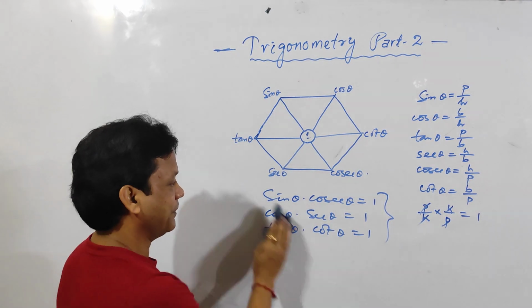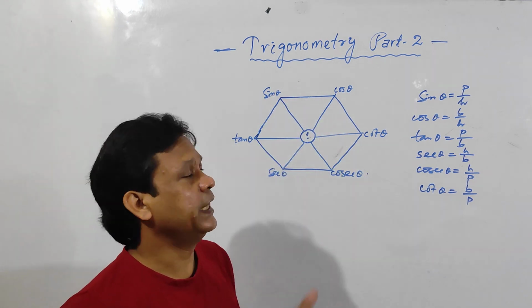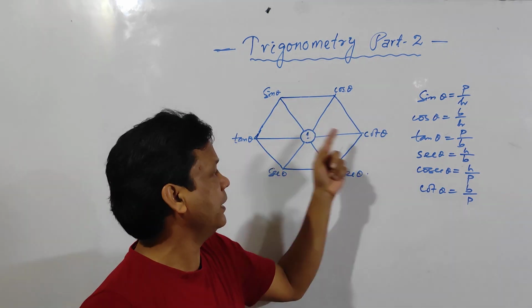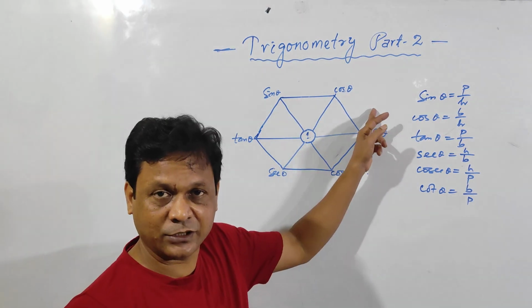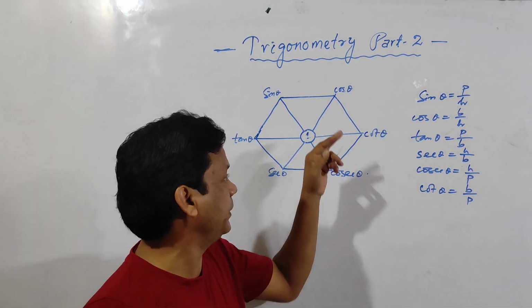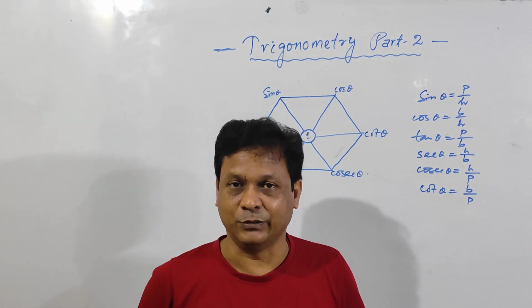Clear? Now, see here. Always remember this hexagonal structure. Sin cos, tan cot, sec cosec, and in the middle write 1. Sin cos, tan cot, sec cosec, in the middle write 1. Clear? And this arrangement you should remember always.